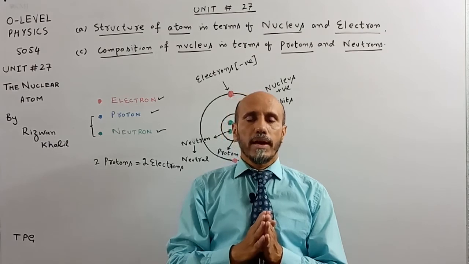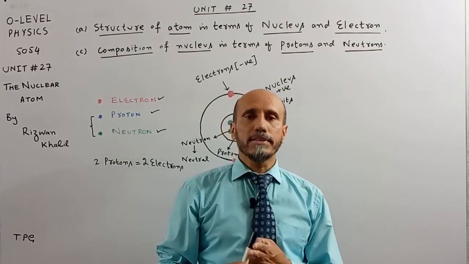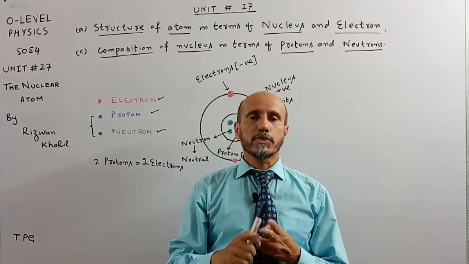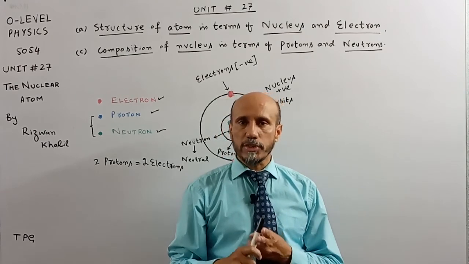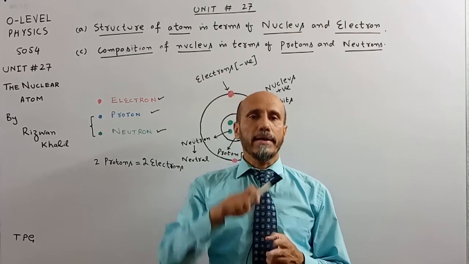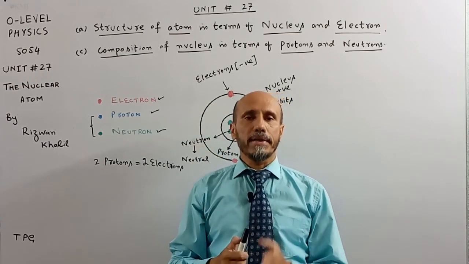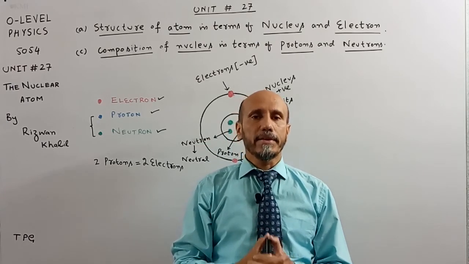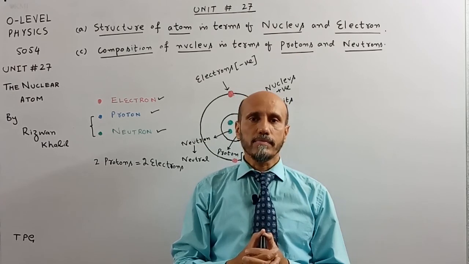Again I am going to repeat these points: the atom consists of two types of particles. The central part of the atom is called the nucleus, and the nucleus is a positively charged particle, while around the nucleus in specific orbits, specific particles revolve, and those particles are called electrons, and those electrons carry negative charge.